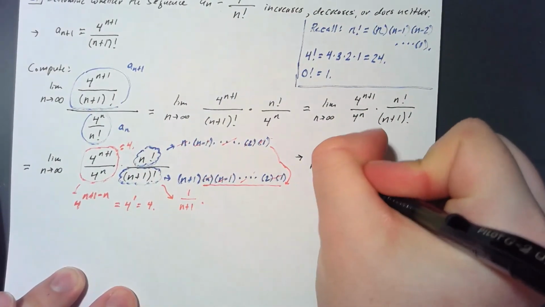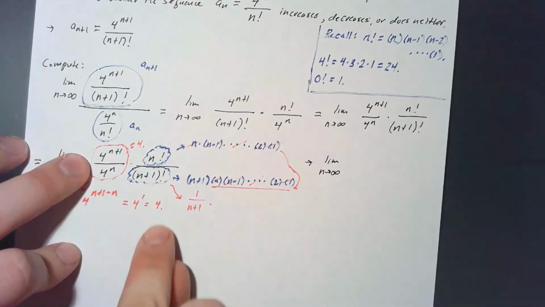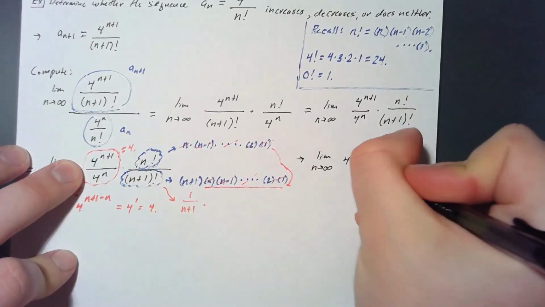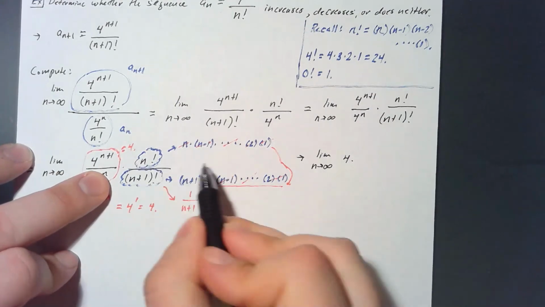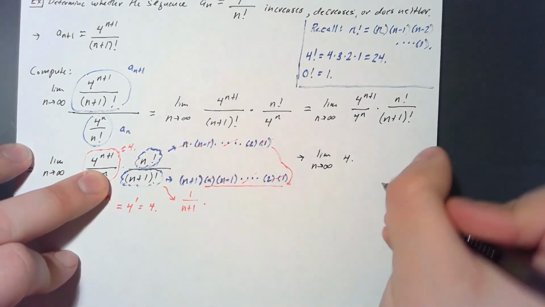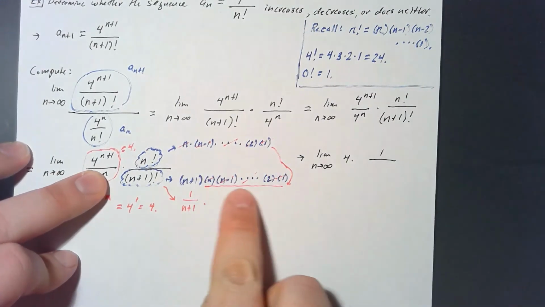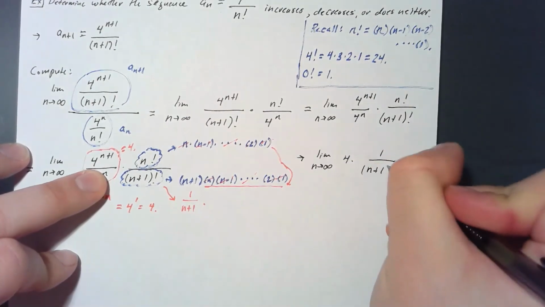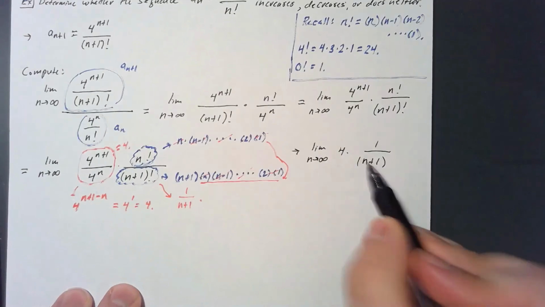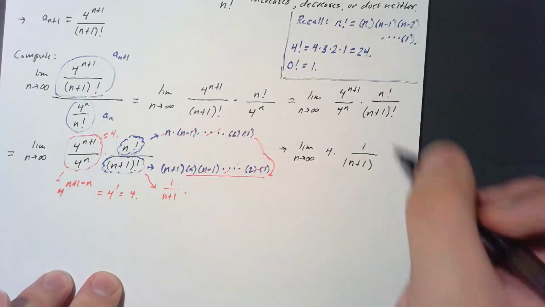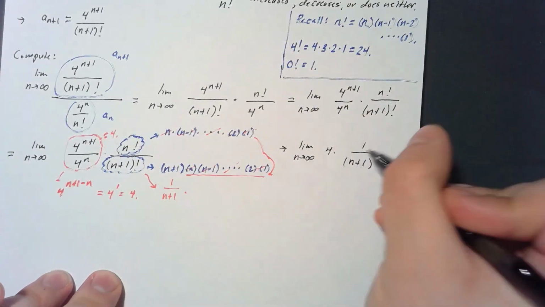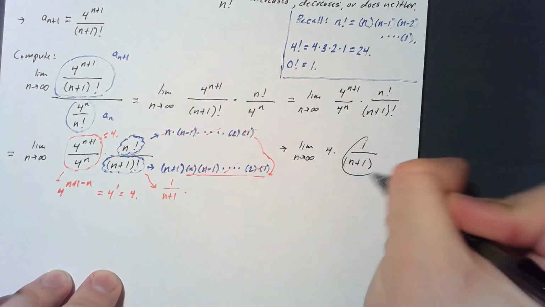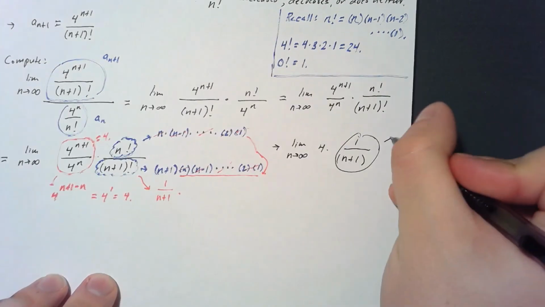So when it's all said and done, I end up with the limit as n approaches infinity of 4 times what this reduced to. All of these canceled out, so I just have 1 over, and everything down here canceled out except for n plus 1. So now what's the limit of this? Well, 1 over infinity goes to 0.